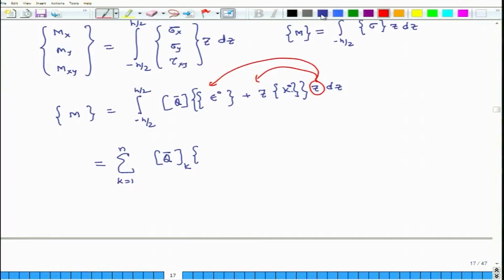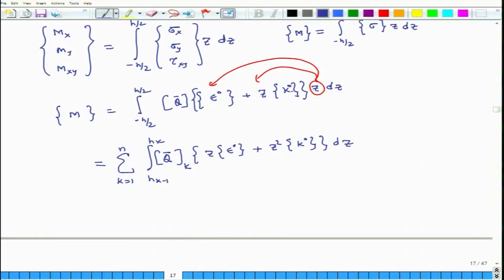So, this becomes z times epsilon naught plus z square times the curvature vector, close the brackets, times dz. This is my moment resultant, and it has to be integrated from h k minus 1 to h k.